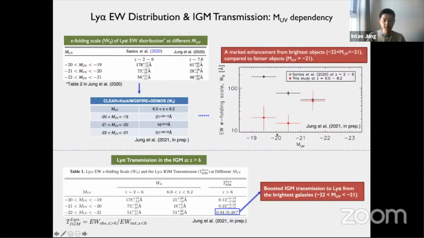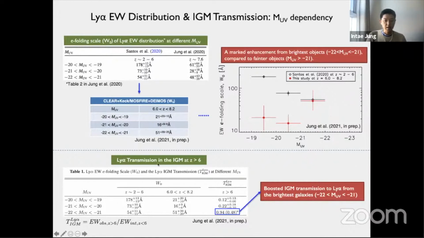The y-axis is the e-folding scale of the equivalent width distribution, and the x-axis is the galaxy UV magnitude. Black points are the low-redshift measurements from Santos et al., and our measurements at redshift of 6 are shown as red dots. The highlight is that we see a marked enhancement in the brightest objects compared to the faint objects, which is unlikely from the low-redshift measurements.